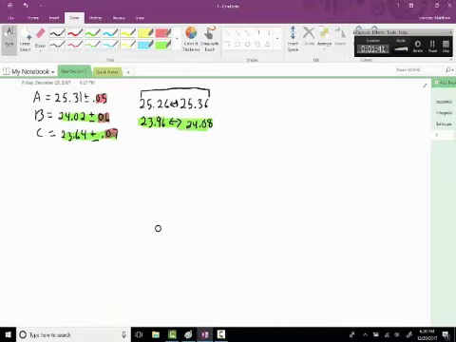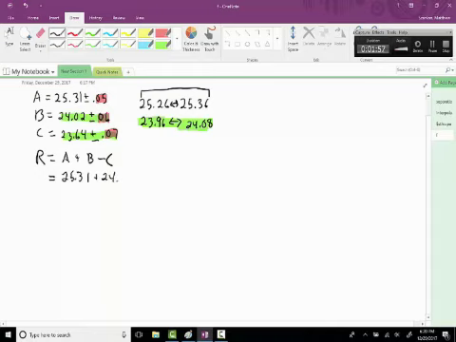So how we do this, let's take a result. I'll just call it R equal A plus B minus C, which gives us 25.31 plus 24.02 minus 23.64. And notice something I did here.